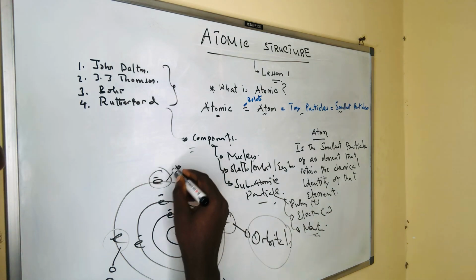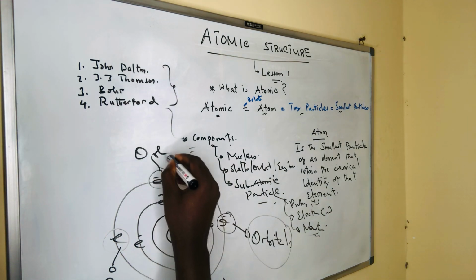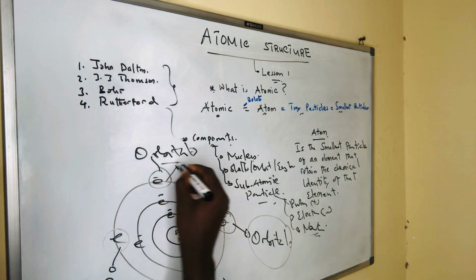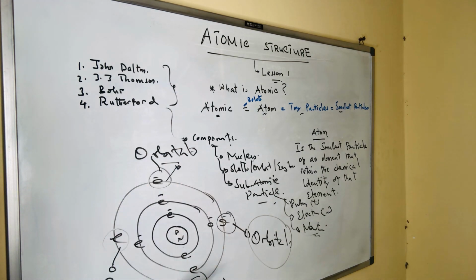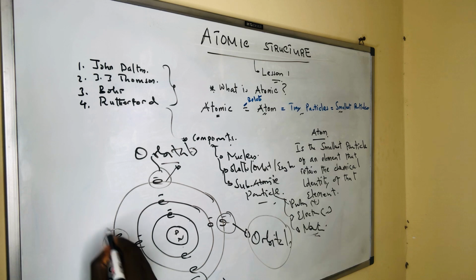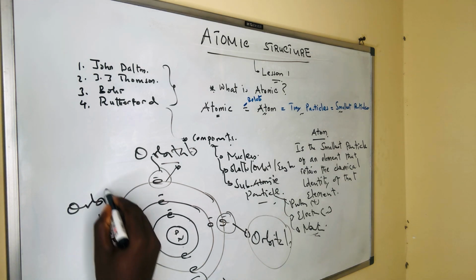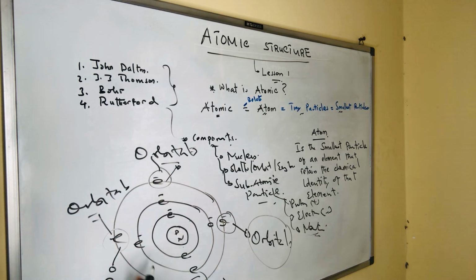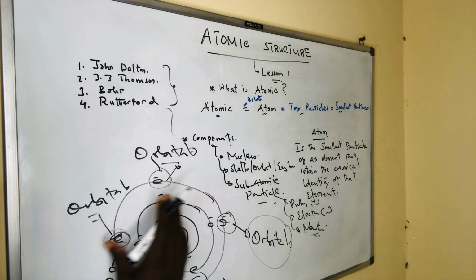Orbital, it is a region around the nucleus where there is high possibility of finding number of electrons.